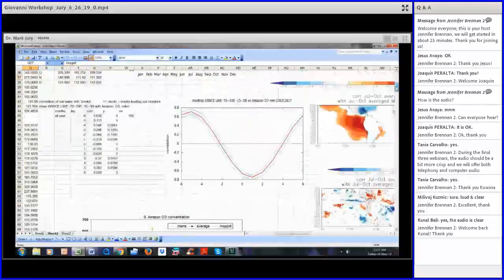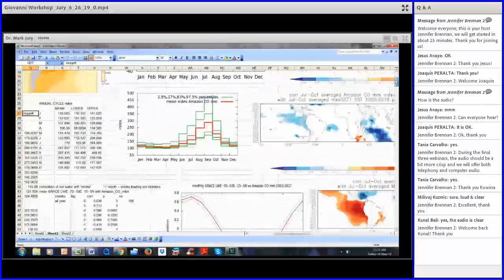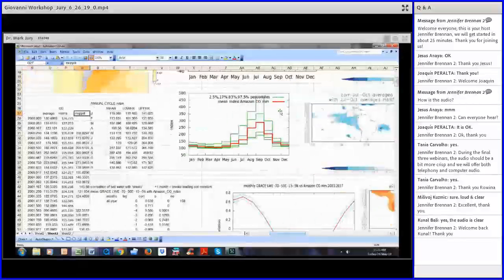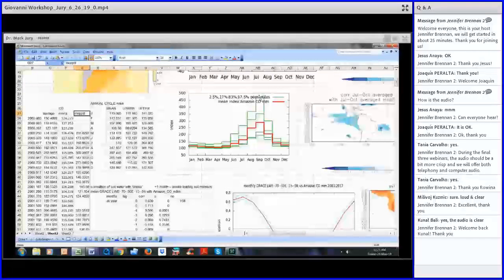But we can also import that information to another website, which will give us the mean seasonal cycle, and also show us its variations over time. We can then focus on, let's say, July, August, September, October, with particularly high values, often in September, at that time of the year.